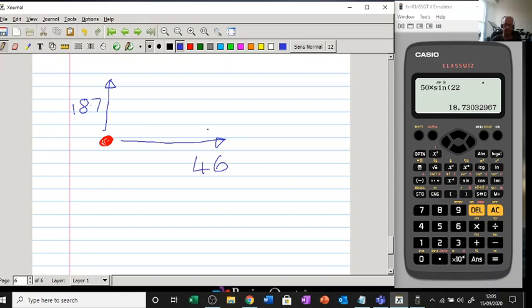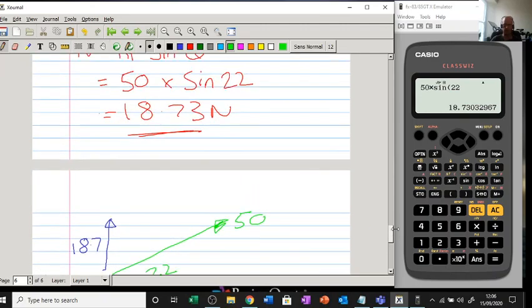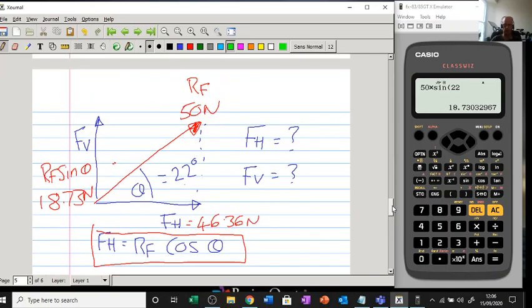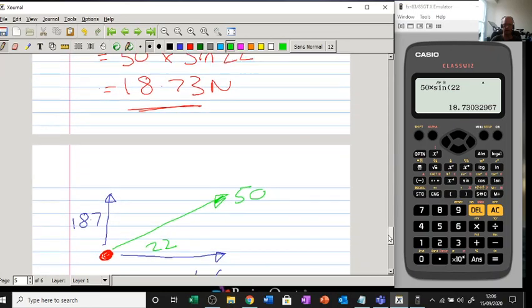The resultant force is going to go up like that, 22 degrees at 50 newtons. That's what I'm doing. I'm breaking down that resultant force into its components, horizontal and vertical.